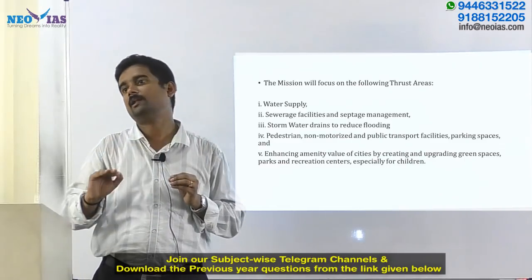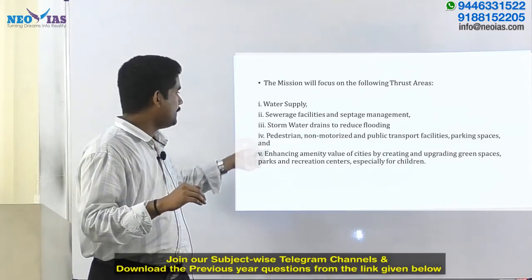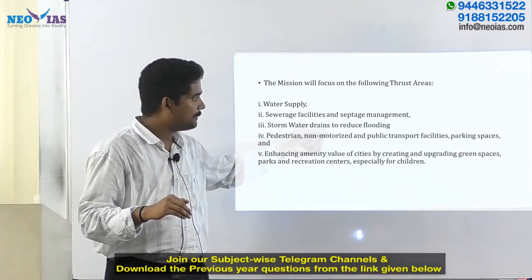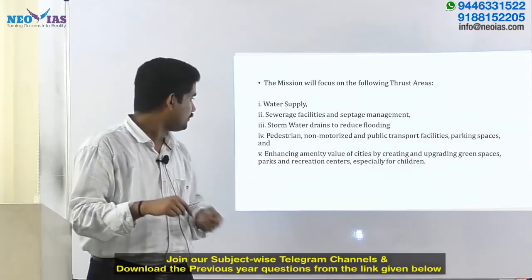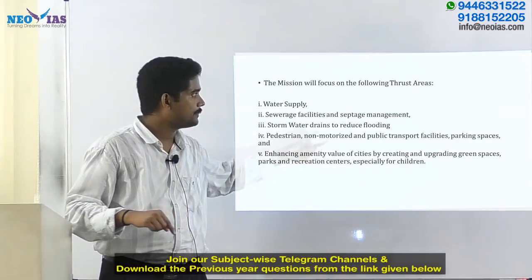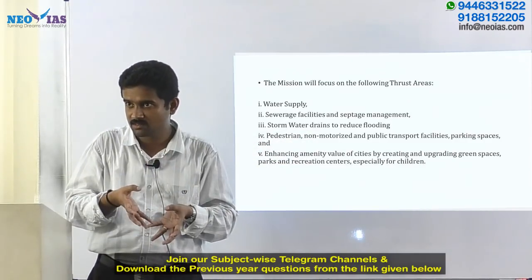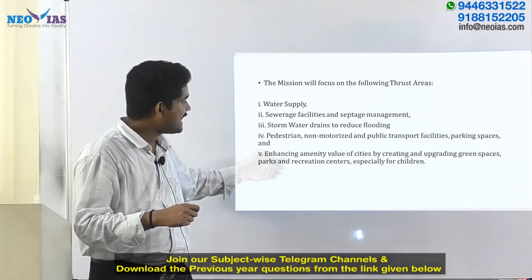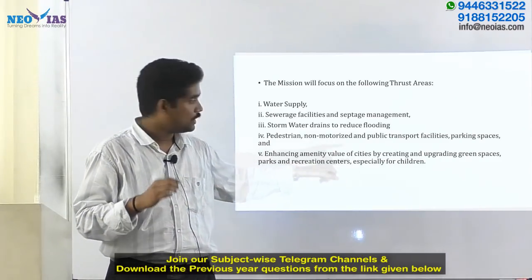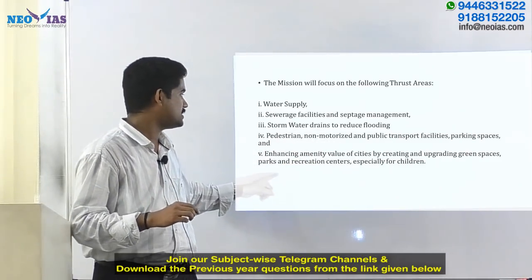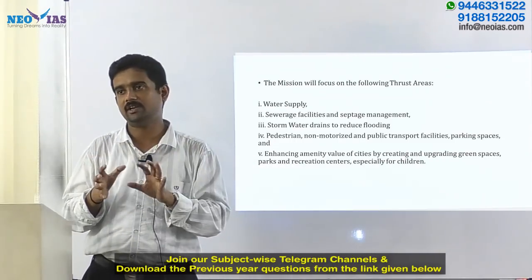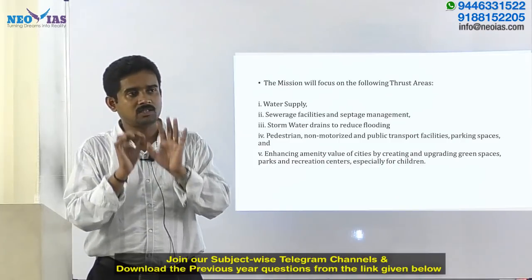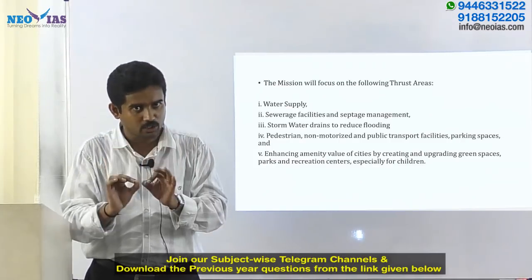Then pedestrian, non-motorized and public transport facilities, parking space etc. So the management of pedestrian, non-motorized and public transport facilities and parking spaces, as well as enhancing the amenity value of cities by upgrading green spaces, parks and recreation centers, especially for children. So the 5 key thrust areas of the Amrut scheme include: 1.